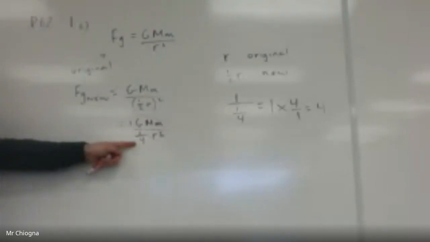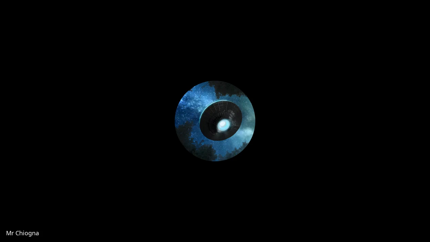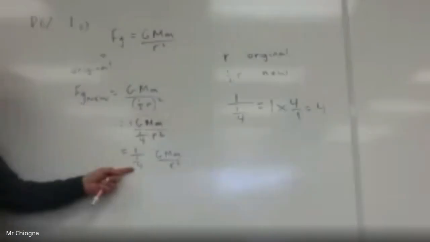Divided by 1/4. I'll rewrite it so it's more clear. This is 1 over 1/4, which is 4. Put a 4 in front.